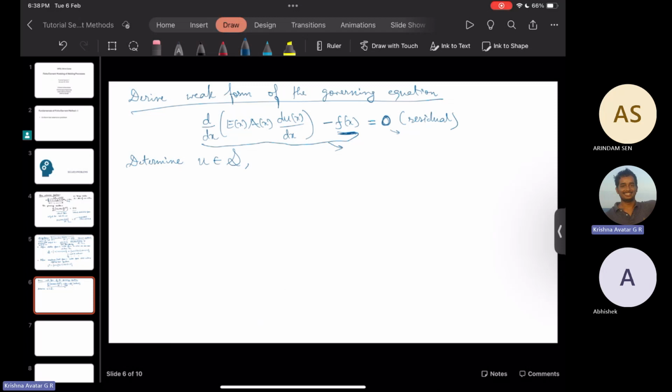So the other thing we do is, let's just multiply both sides by v of x, right? So once we multiply by v of x, v is an element of the variational space V, isn't it?